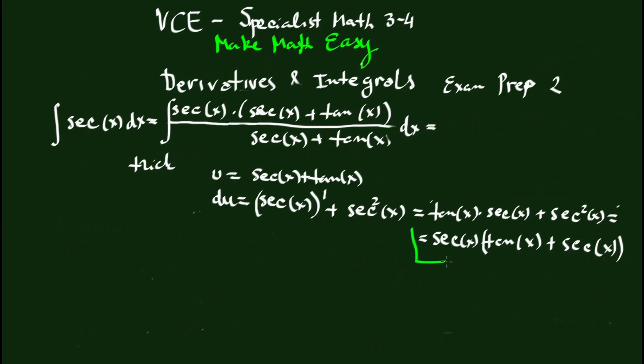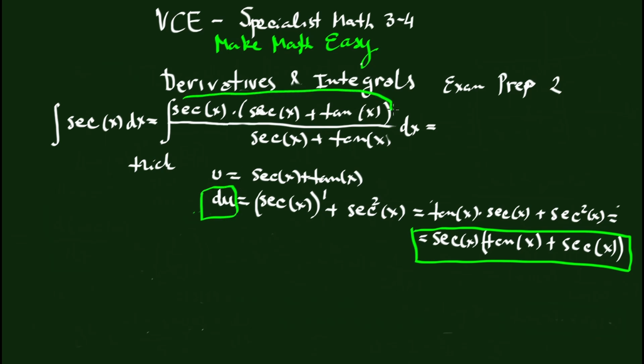That this bit here, our du, is the same as this bit here. See, they're the same. That's what we want, don't we, to eliminate the numerator. And what does it become?